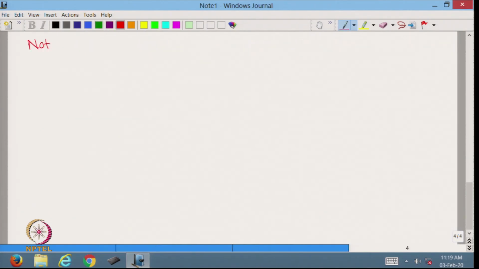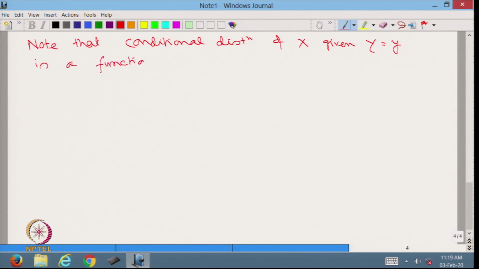Note that the conditional distribution of X given Y is equal to y is a function of y. This is because the value of y is fixed.